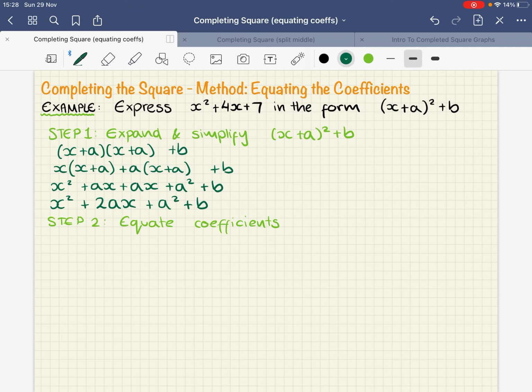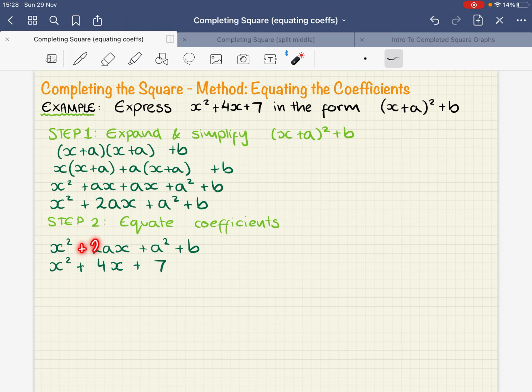So what I'm actually going to do, I'm going to line them up so I have that x squared plus 2ax plus a squared plus b. And underneath I'm going to write out that x squared plus 4x plus 7. And we can quite happily see that our x squareds are fine, I don't have to worry about them.